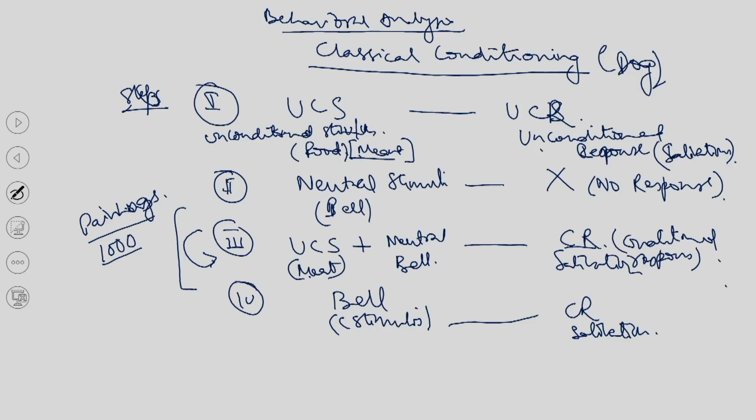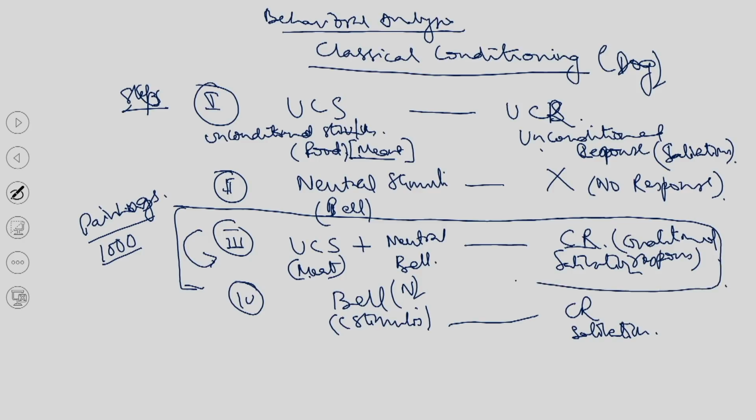So, I present the neutral stimulus, and it leads to the conditioned response, and that happens only after 1000 of these pairings.